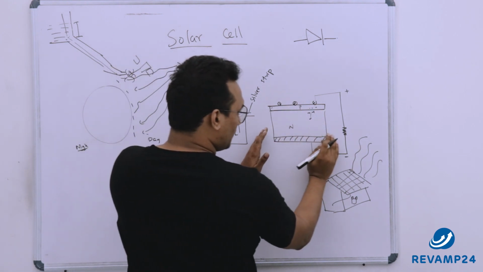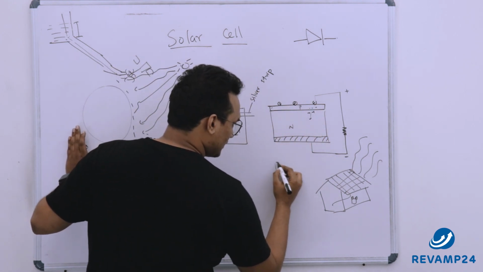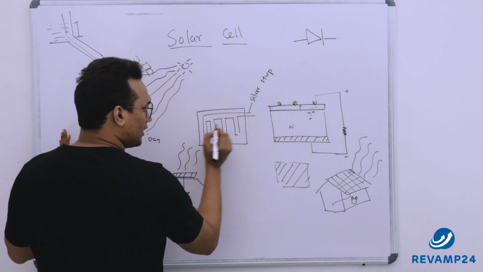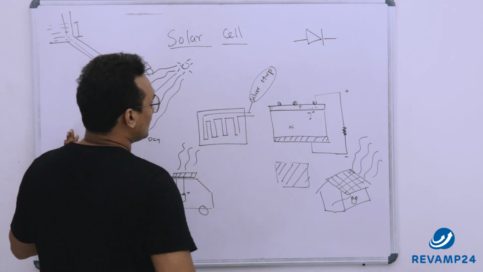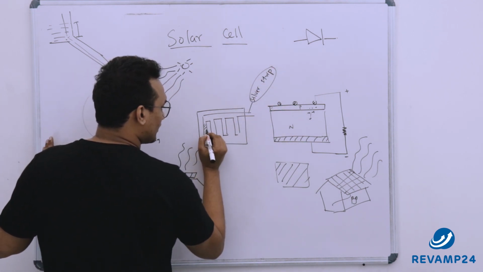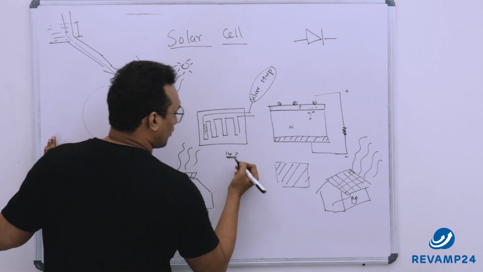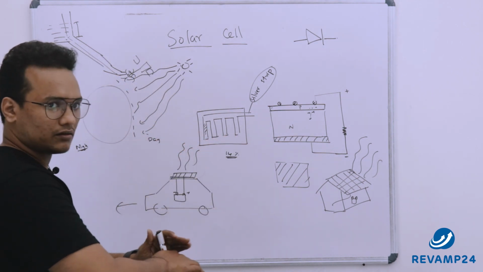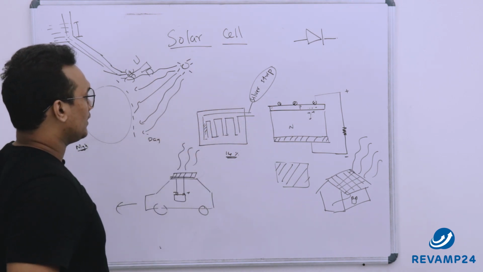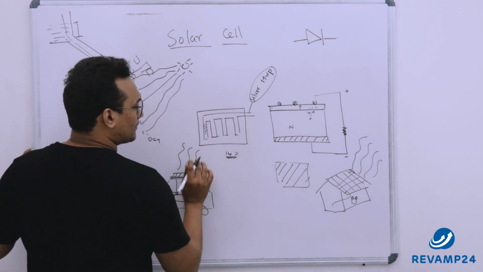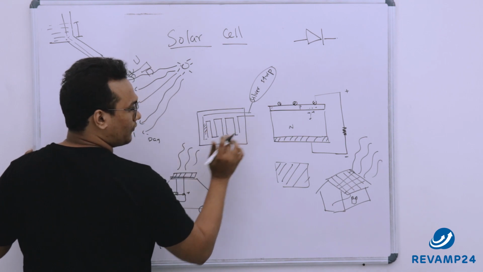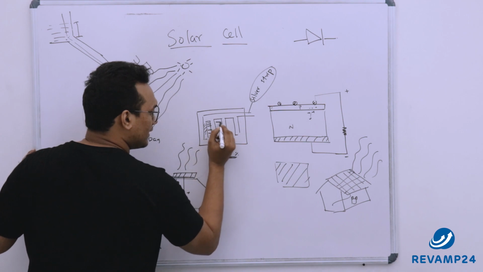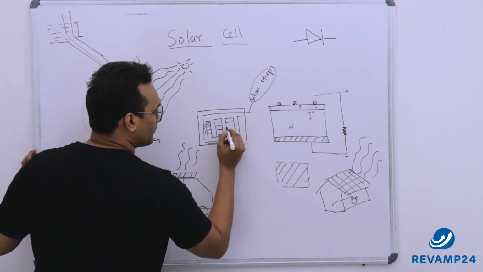In the bottom, the metallic plate covers the whole area, but on the top the metallic part is silver strips, which cover less than 14% of the total area. I will tell you why. These are silver arms, like this. They cover only 14% because we need these areas to be exposed to light.